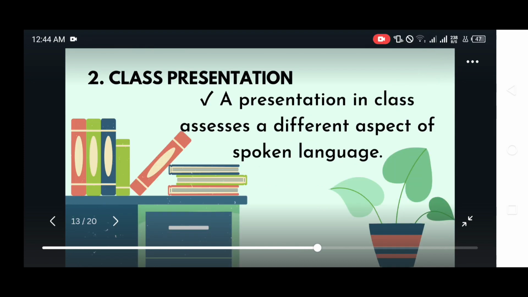The second one is the class presentation. When we say class presentation, it looks like reporting. We discuss their spoken language, which is the best the students have now.